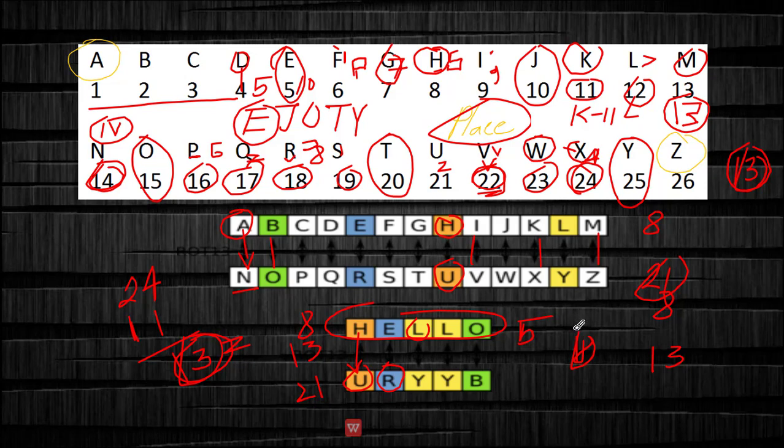L means 12 plus 13 is 25, so Y. L again the same. O, by the formula OT, O's value is 15. 15 plus 13 we get 28, but there are only 26 letters, so we have to extend it: 27 is A, and then 28 should be B, so here it should be B.